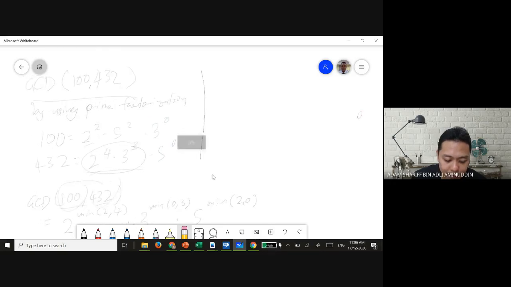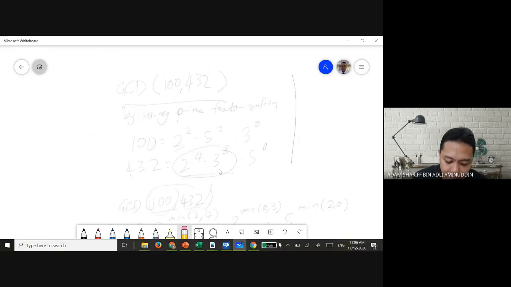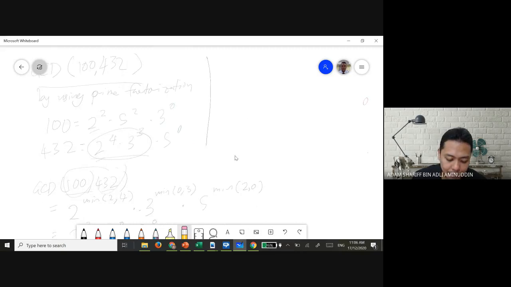When you already master the GCD by using prime factorization, right now, directly use the same thinking to find the LCM between 100 and 432. Okay, the same values.